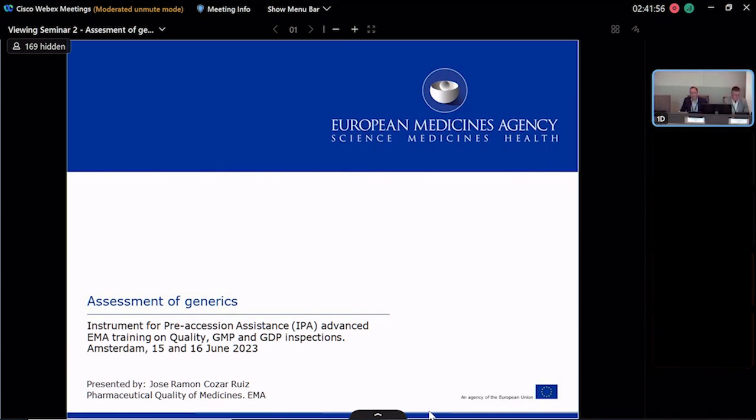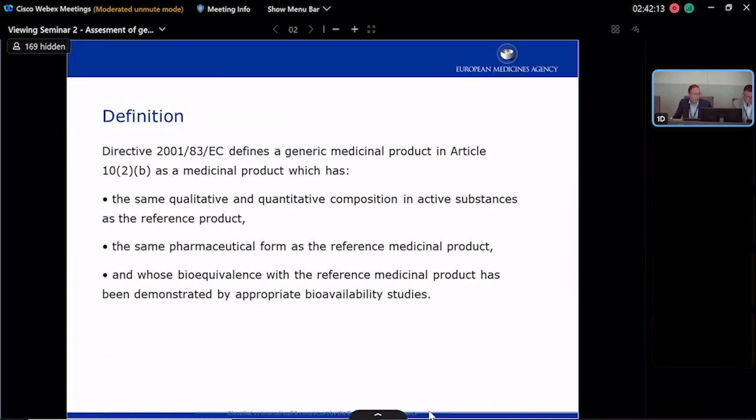Yes, I will give you a presentation in relation to assessment of generics, but first, I would like just to give you the definition, the legal definition of generic medicinal products in Europe.